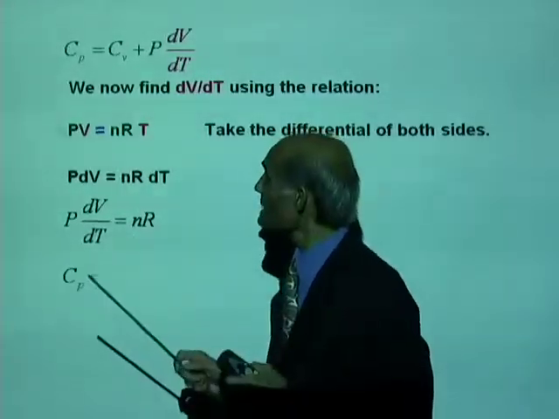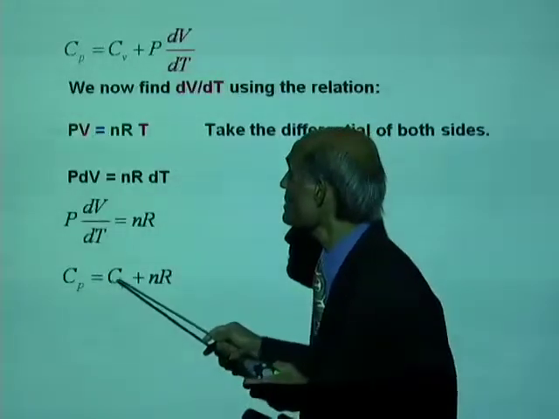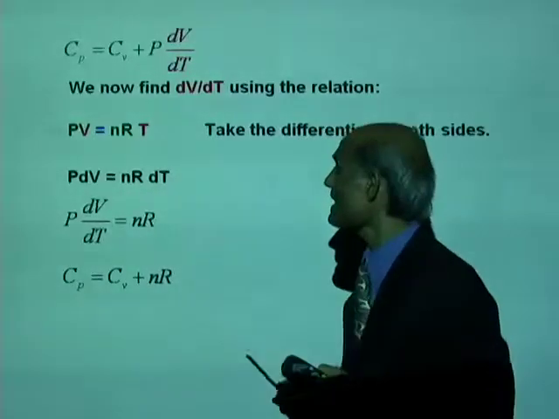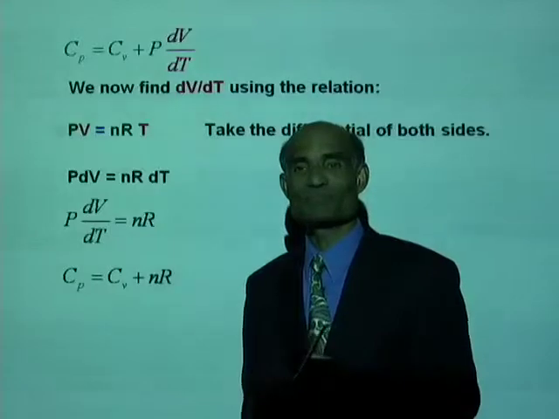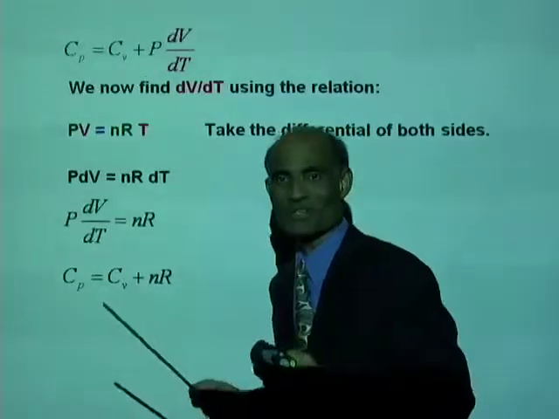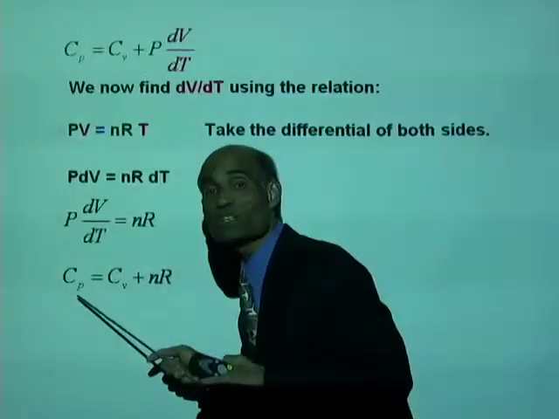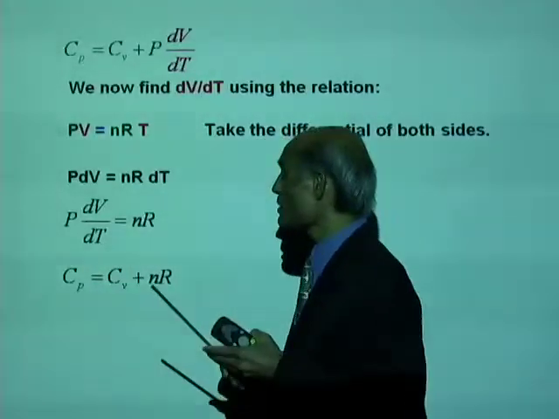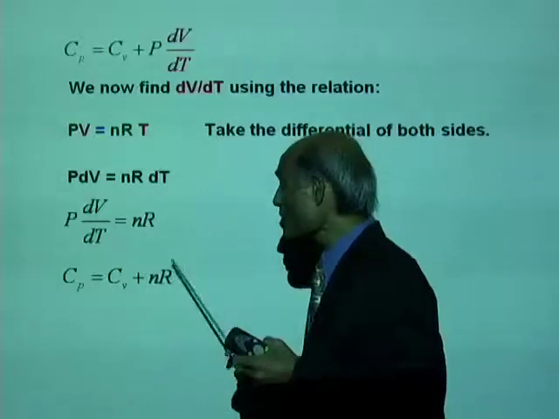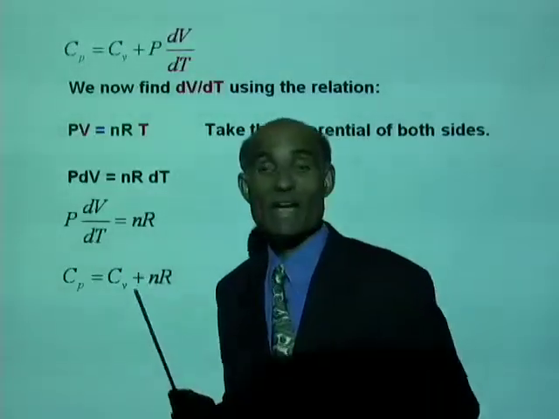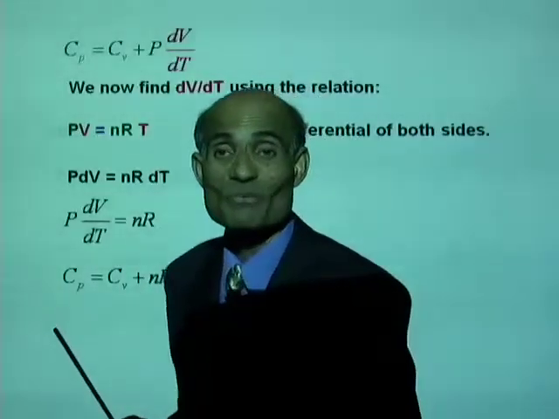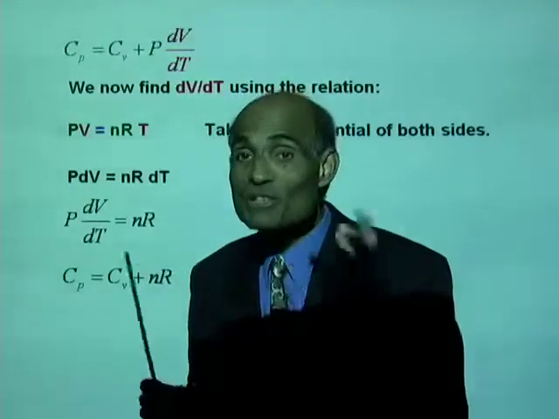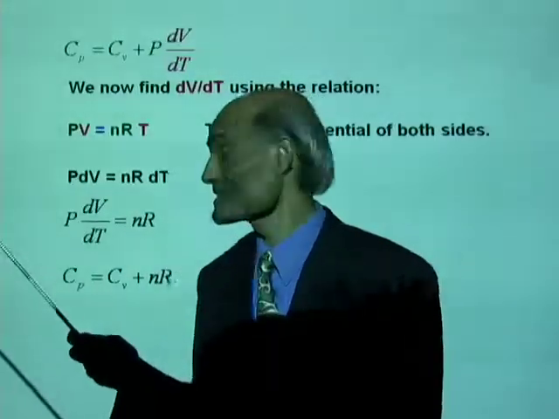So what does Cp equal? Cp equals Cv plus nR. That's a beautiful relation. The heat capacity at constant pressure equals the heat capacity at constant volume plus nR, where n is the number of moles of the gas and R is of course the universal gas constant.